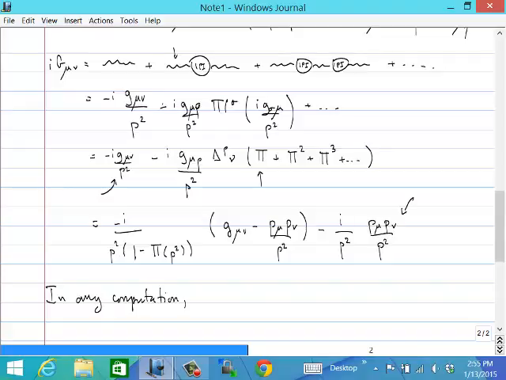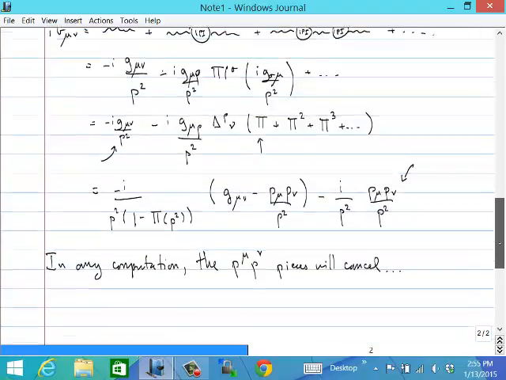And gauge invariance was then the statement that the actual result for any scattering amplitude calculation was independent of the value of xi. So that means that in any computation of a scattering amplitude, the p mu p nu pieces will cancel. That was just gauge invariance.